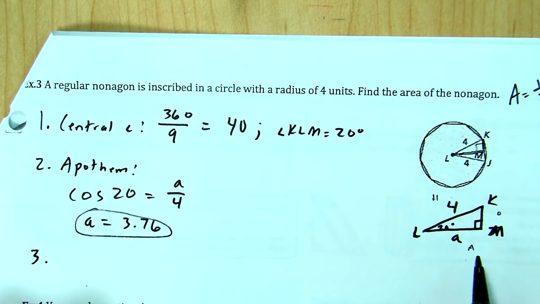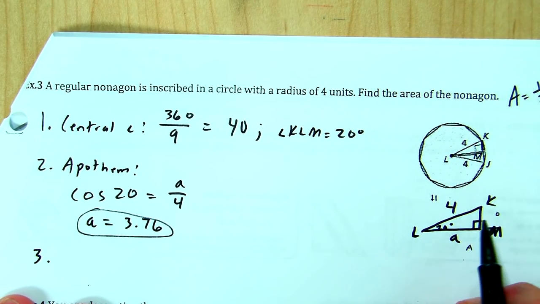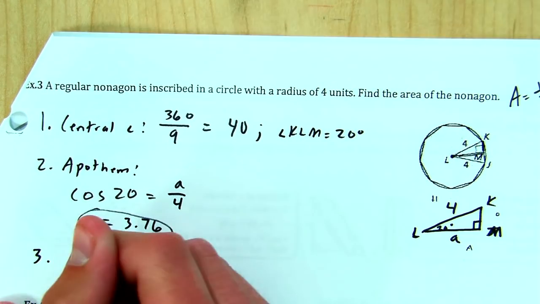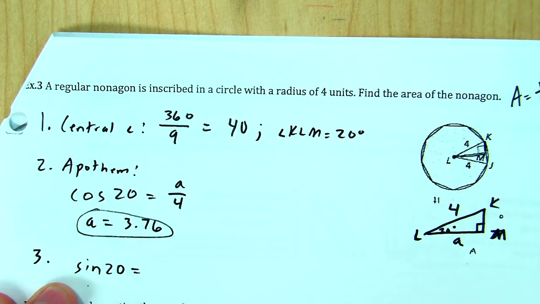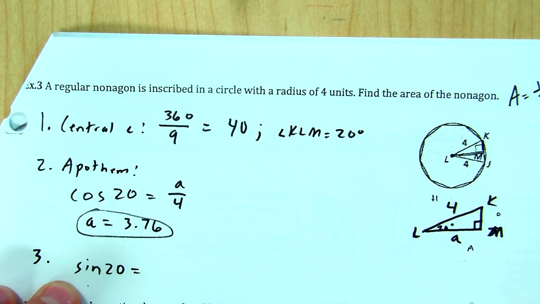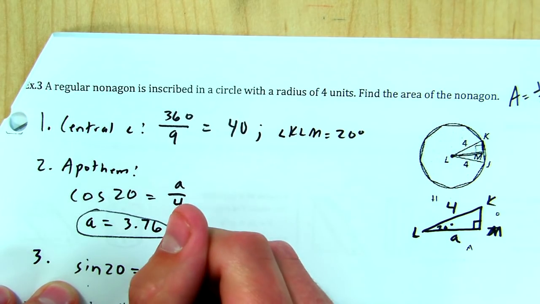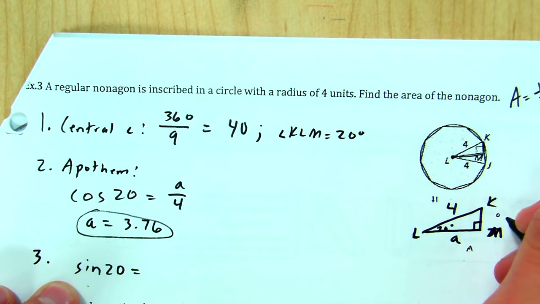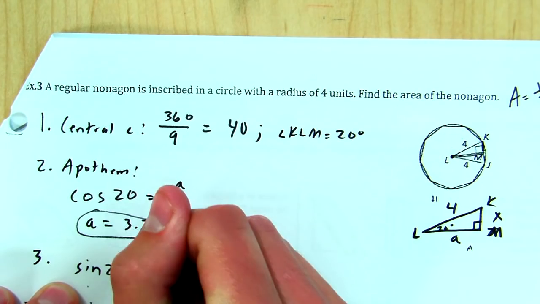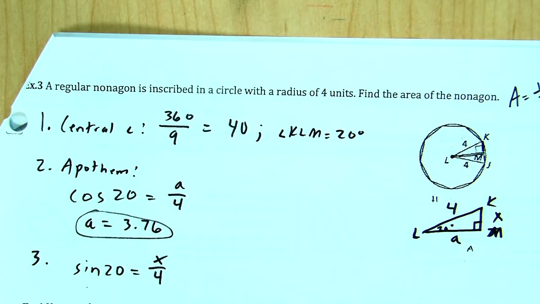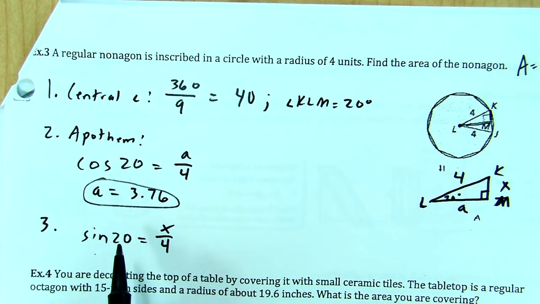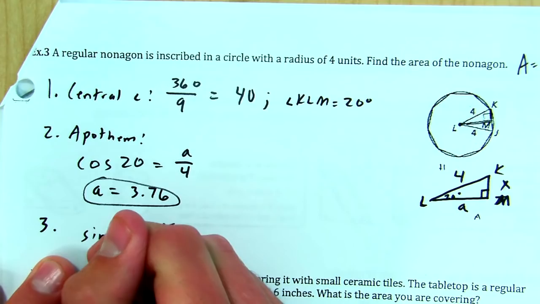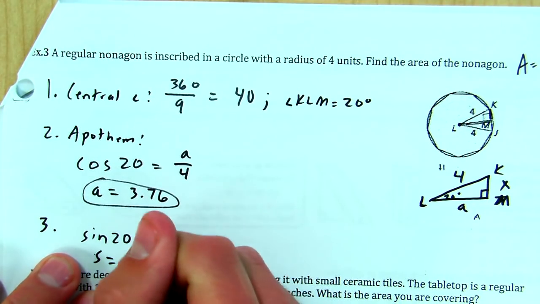So if I'm solving for opposite using the hypotenuse, now I'm going to use sine. So the sine of 20 is equal to, I'll just label this with an x, x over 4. Once again, sine 20 on your calculator, multiply each side by 4, and you find out that the side length is 1.37.